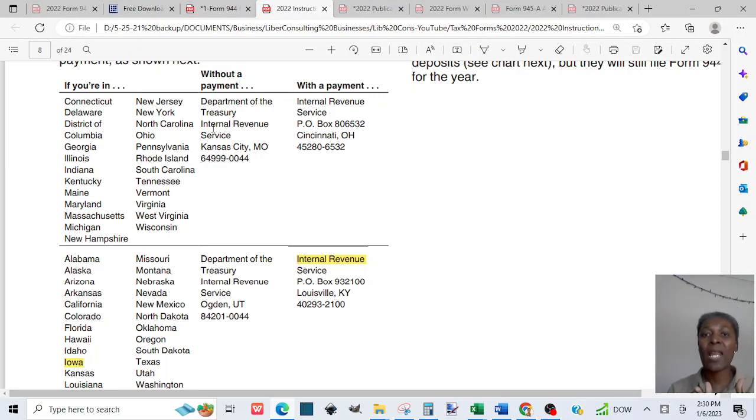And when you have the right address, you have your form or your forms in the envelope, you seal it, you mail it via USPS, and you ask for a tracking number that you'll be able to track online to make sure IRS receives it.